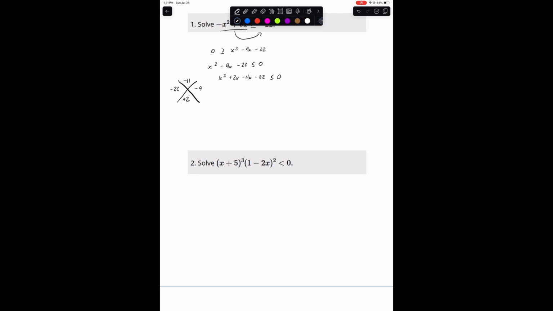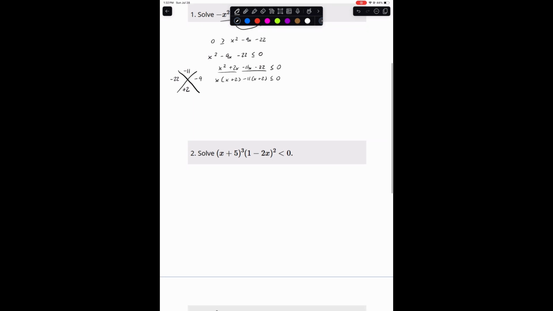From the left two terms, we can take out x, and we get x plus 2. From the right two terms, take out minus 11, and we get x plus 2, less than or equal to 0. Take out the common factor and add the rest. And this is our factored version of the problem.